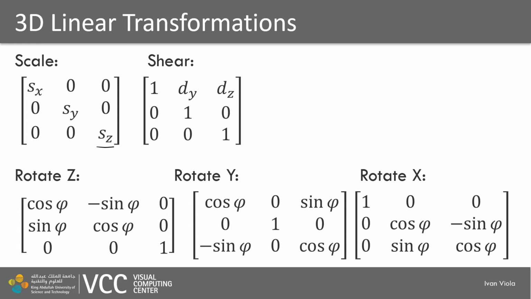There will be zeros for the contribution from the z-coordinate, so the last column will have 0, 0 in the first 2 rows. And in the third row we will have 0, 0, and 1, which means that the coordinates x and y change, and the coordinate z remains the same, which makes sense if you think about it. If we are rotating around the z-axis, the z value should be the same after the rotation.